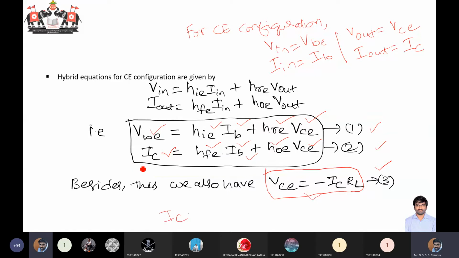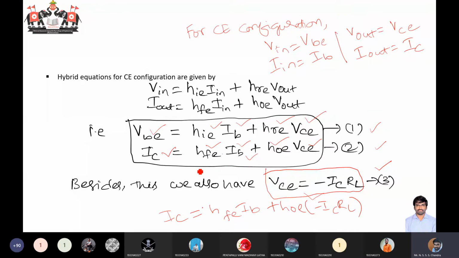IC is equal to HFE IB plus HOE into minus IC into RL, right?